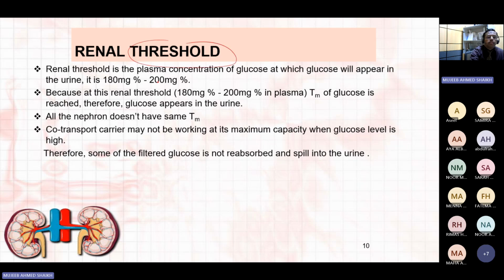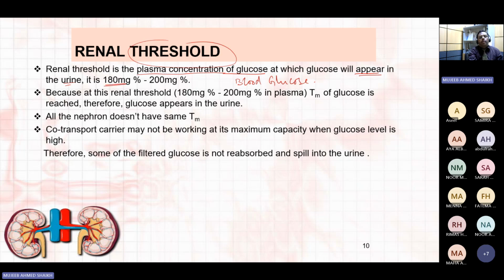Don't be confused between the renal threshold and the tubular maximum. Renal threshold is nothing but the plasma concentration of glucose, the blood glucose level at which it will start to appear in the urine. Suppose my blood glucose level becomes 180 milligram.